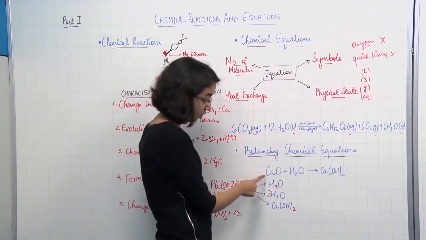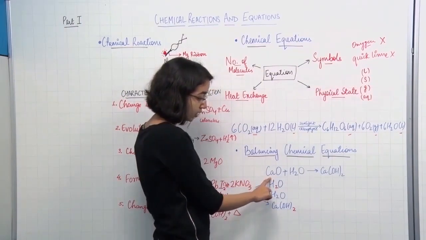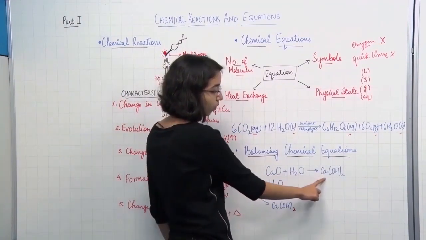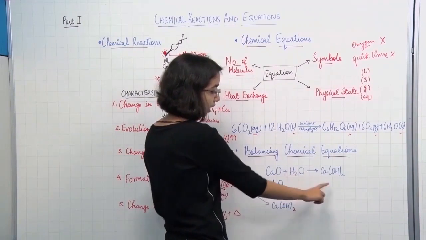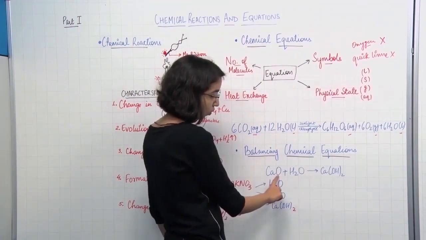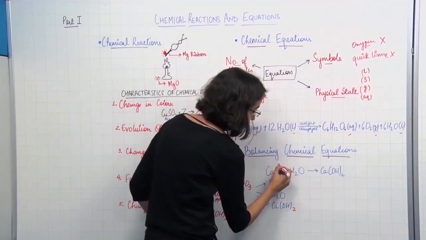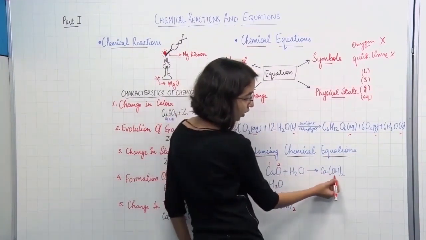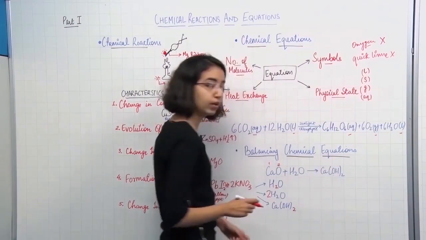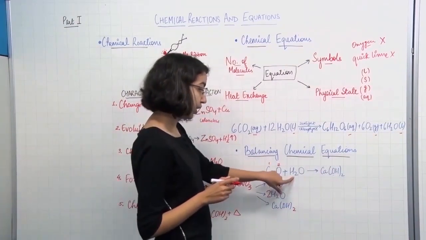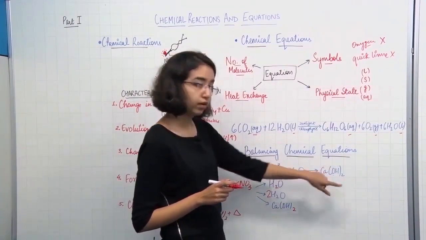Look at this equation. There's one calcium here and one calcium there, so calcium is balanced. Oxygen is 1 here and 1 here, so total 2. Here also there are 2, so oxygen is again balanced. Hydrogen are 2 here and 2 there, again balanced.